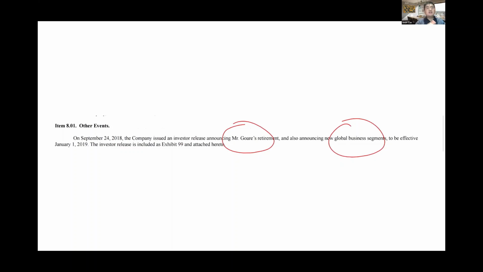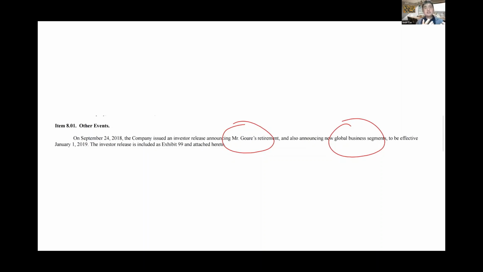Another thing is item 8.01. At this stage, I'm sure you understand 8.01 by now. Any news that is not classified in the previous categories goes to 8.01. What is interesting to me is that 7.01 and 8.01 have a lot of news, because a lot of news cannot be classified elsewhere.